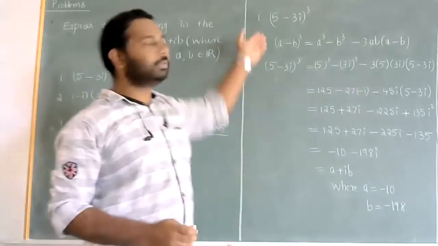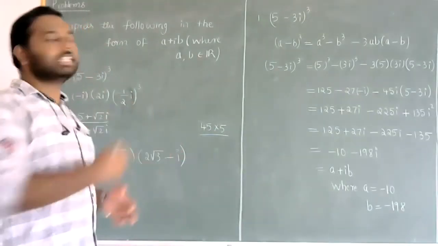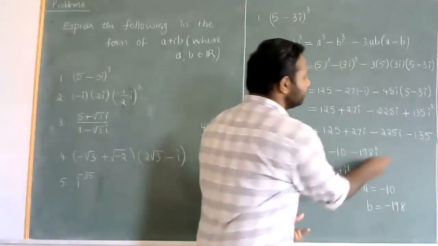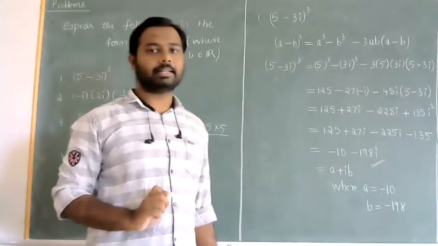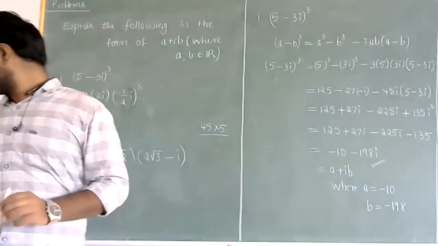So you just have to simplify it using algebraic identities or algebraic steps, and finally arrive at the general form of a complex number, that is a plus ib. This is the first problem.